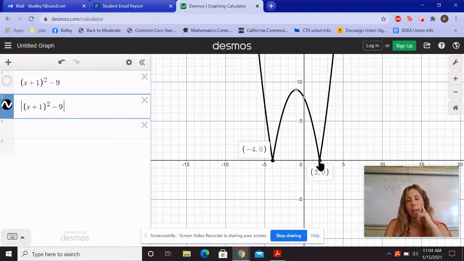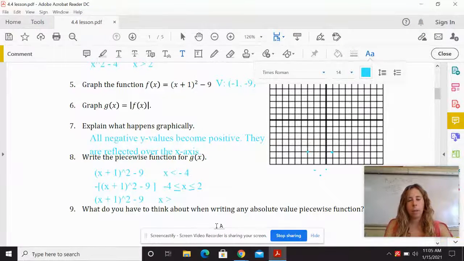X is greater than 2. This last section, x is greater than 2. Okay? And once again, you could either write equals to here or here, but not both. So you can write it either place.